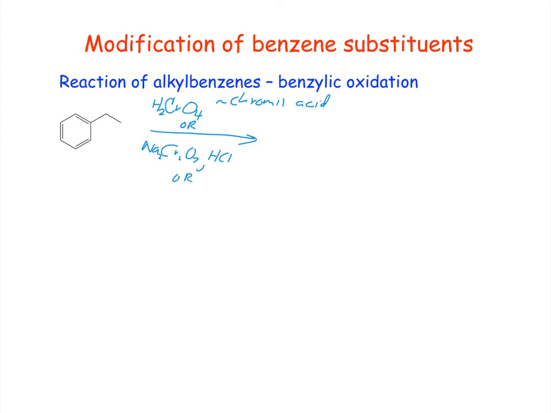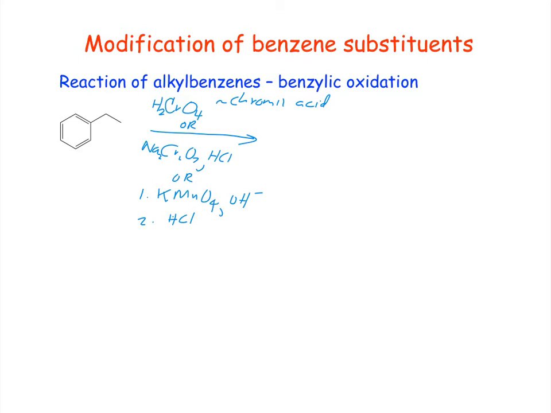Or I think Sapling actually sometimes uses potassium permanganate in base. And for this reaction, they then add acid afterwards. I'll show you why in a second.